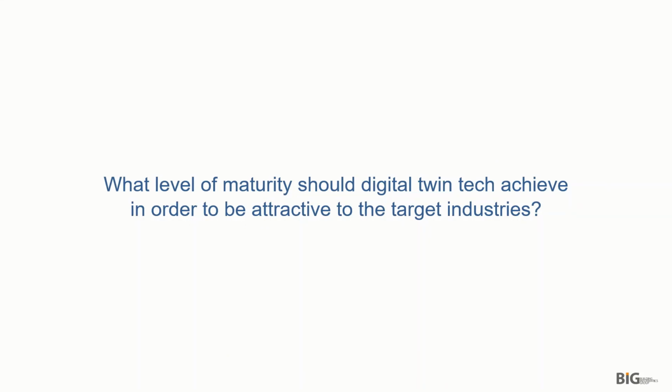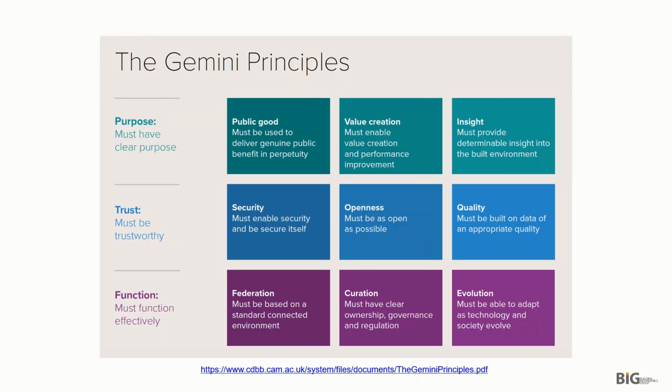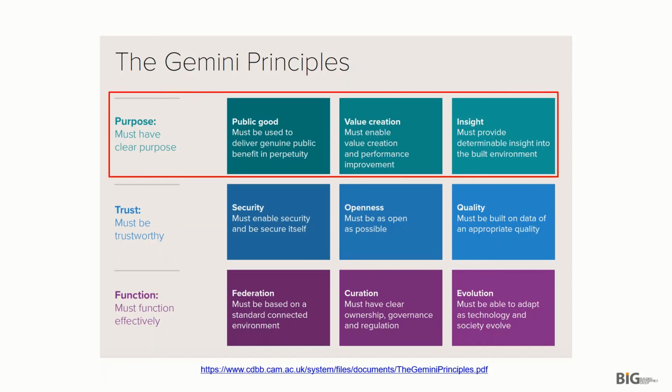This was one of the questions given by the organizers: what level of maturity should digital twin tech achieve in order to attract the target industries? I think what is important, as many people said, is to know the purpose of the digital twin system.